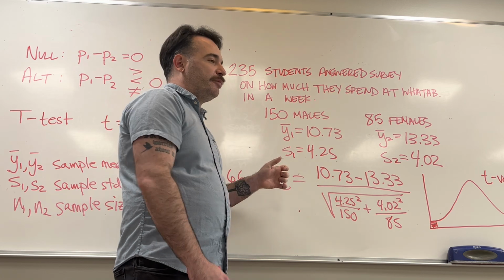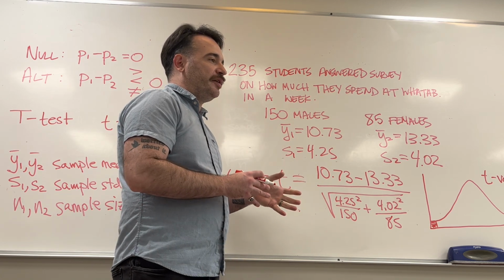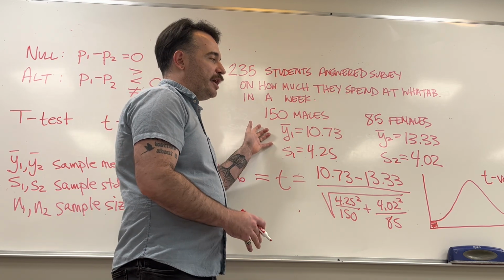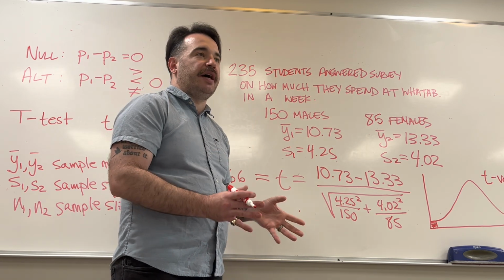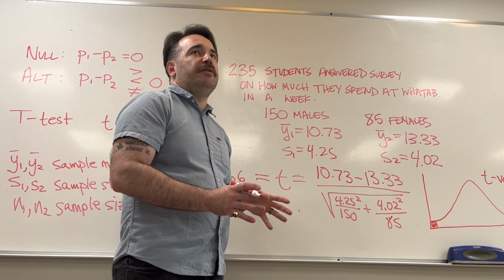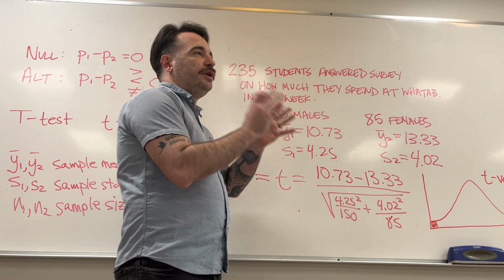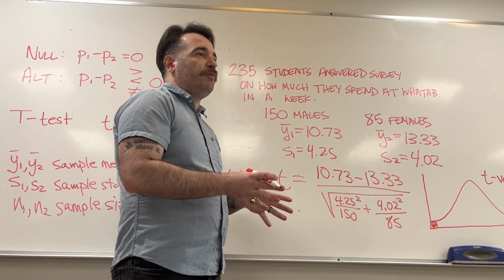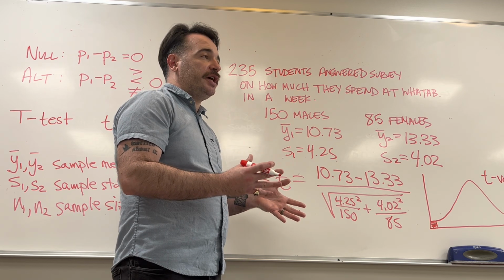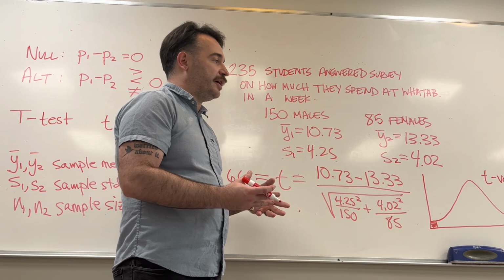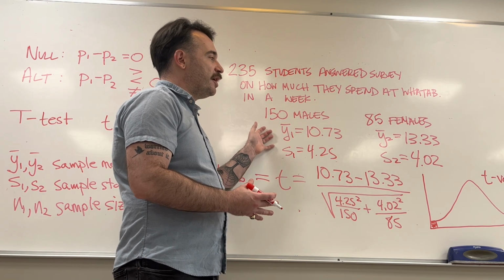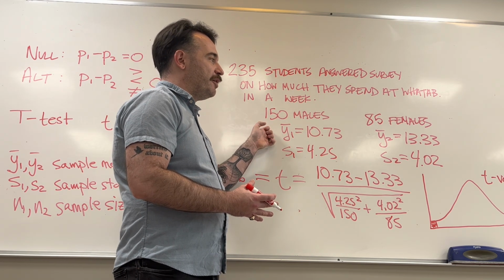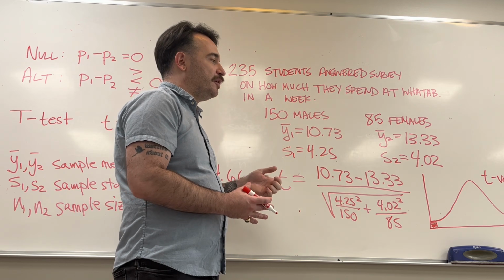So if we took a bunch of just random samples, a sample like this would happen maybe 1 in 1,000 times. So either maybe we picked the weirdest sample we could randomly, just by chance, or what's more likely, yes, there is a difference between the amount of money that males and females spend in a week.